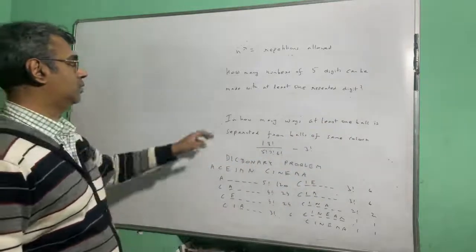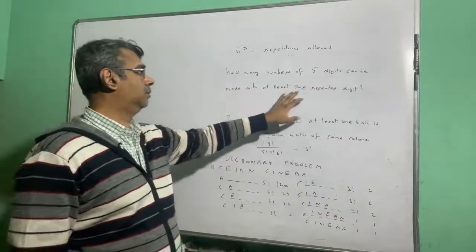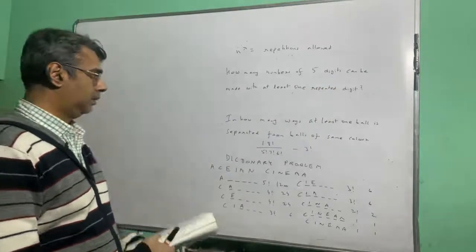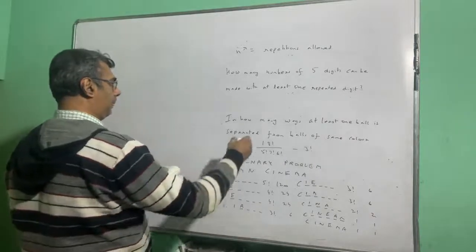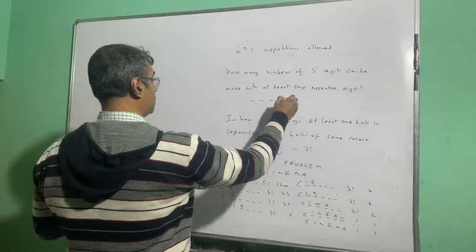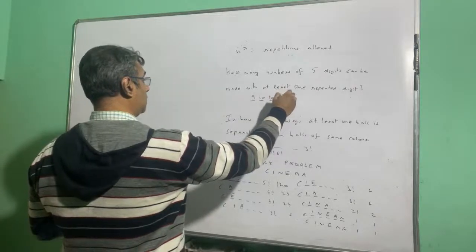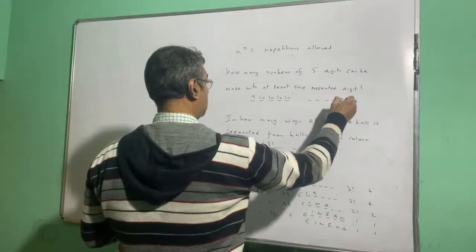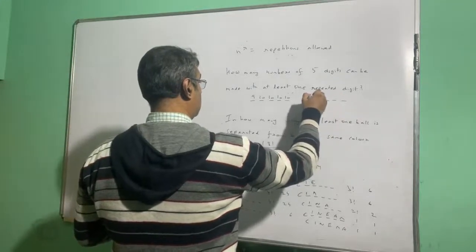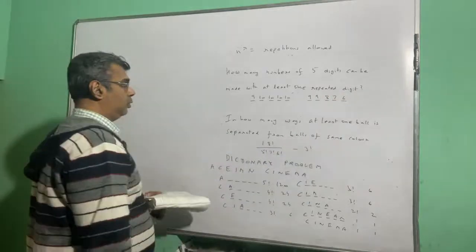Have a look at this question. How many numbers of 5 digits can be made with at least one repeated digit? That is the question. So how to do this question?